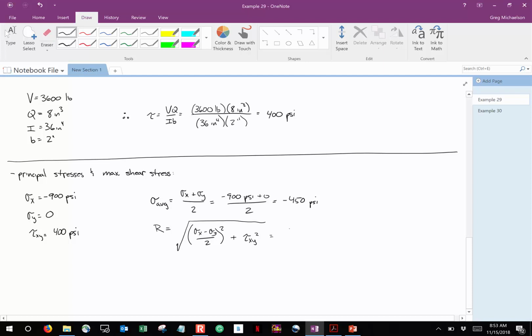So we have negative 900 psi minus 0 over 2 squared plus that squared. And then let's see, so I'm getting 602.1 psi, so that's the radius.